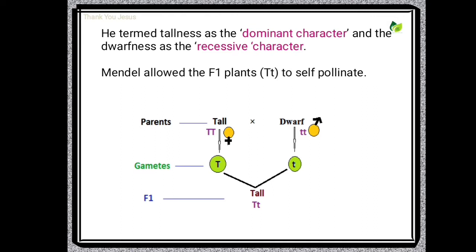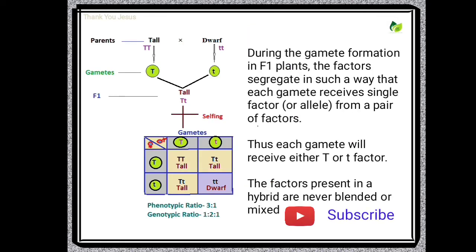Mendel allowed the F1 plants, nothing but F1 hybrids, to self-pollinate. During gamete formation in F1 plants, the factors segregate in such a way that each gamete receives a single factor from a pair of factors.